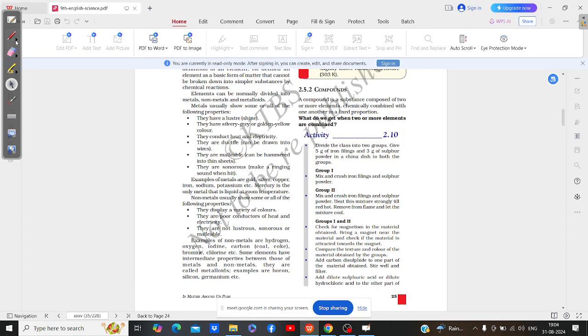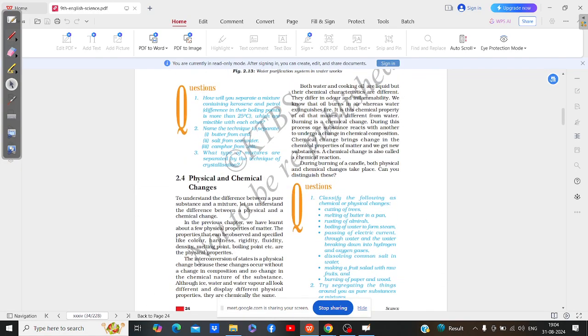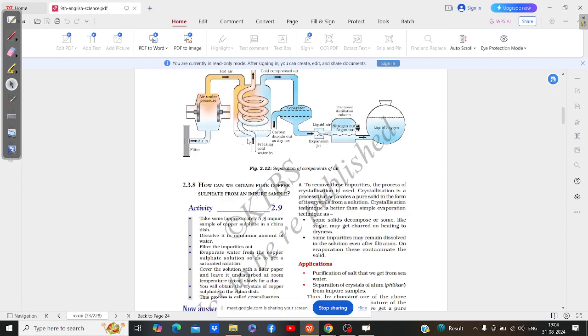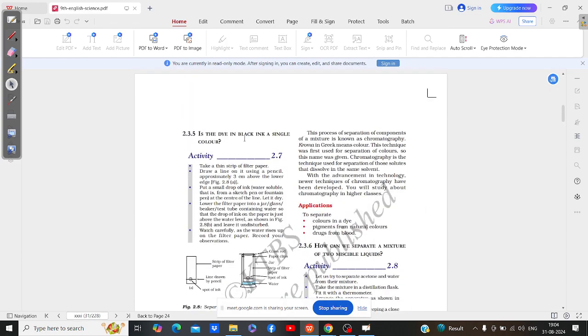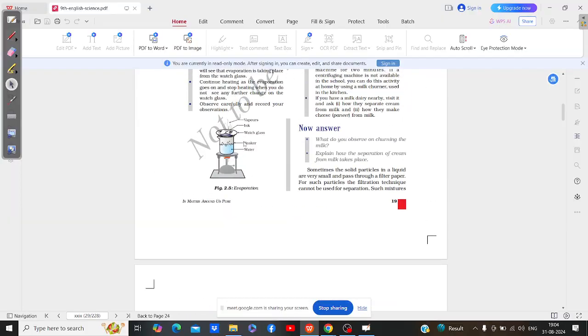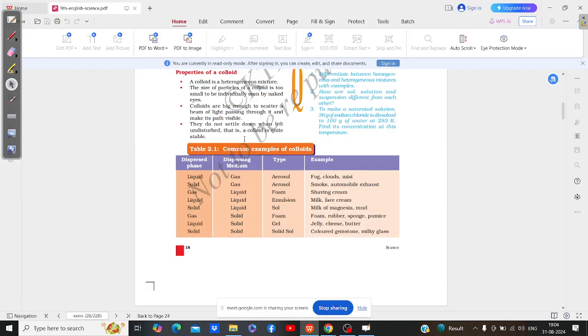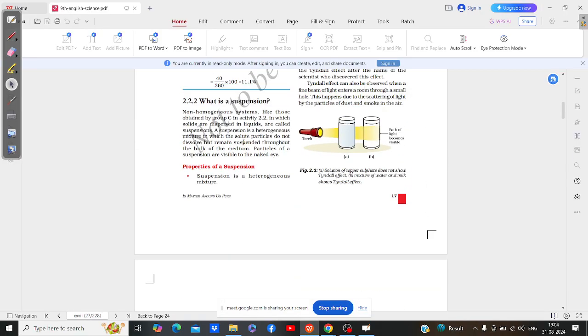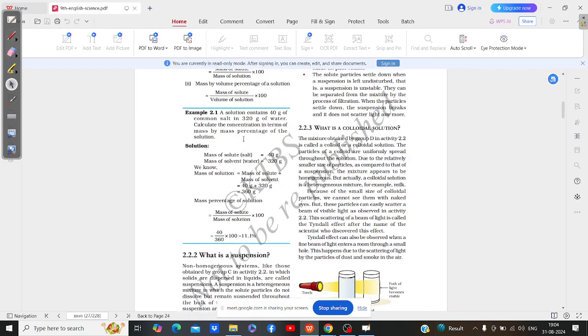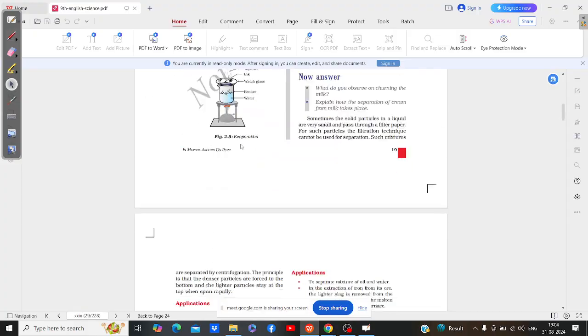In the previous class we had discussed some of the concepts related to physical and chemical changes, and colloidal solutions, properties of colloids, properties of suspensions, and properties of solutions.